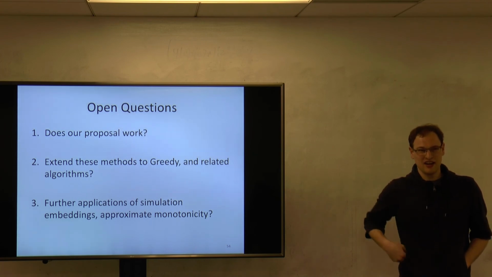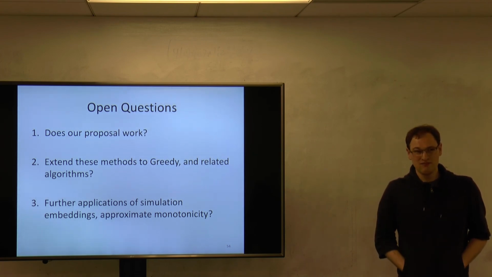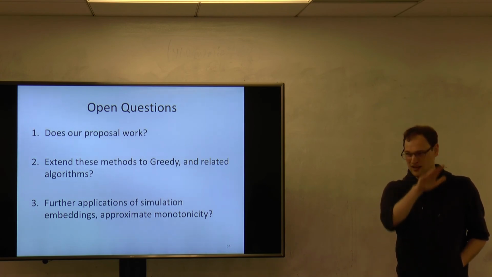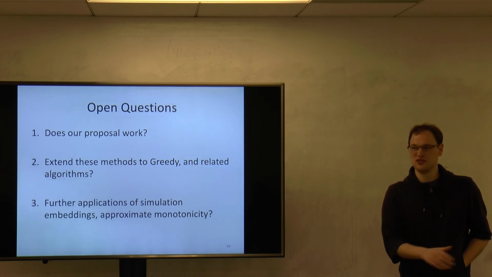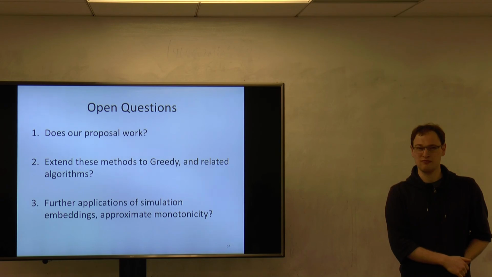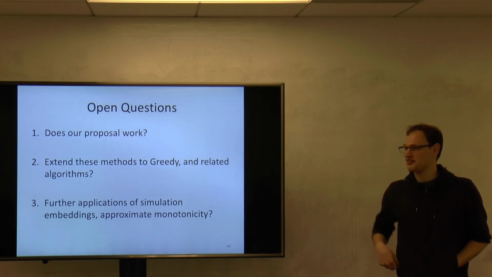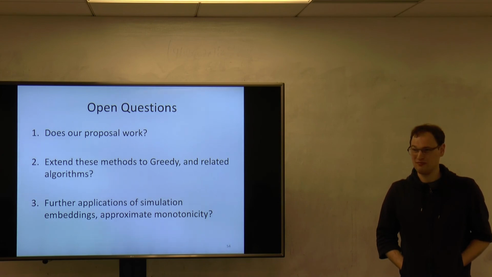And in a broader sense, the constructs of a simulation embedding, if you go through the footwork, are very general. They really aren't related to binary search trees per se. And I'd be curious about approximate monotonicity, either for sequence valued or set valued functions. I haven't come across them with some amount of scanning, and I feel like they would have more applications than just this. So I'm curious what other people find with that.